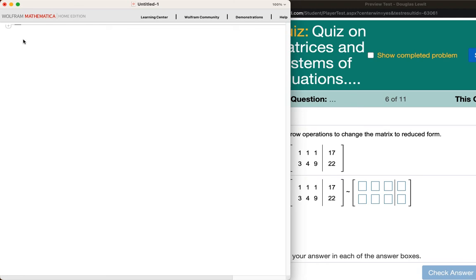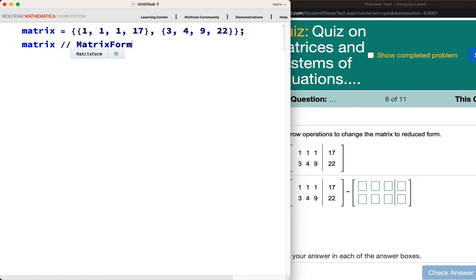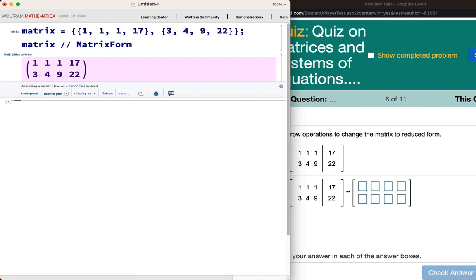So matrix is equal to 1, 1, 1, 17, and then 3, 4, 9, 22. Matrix form, shift enter. Okay, terrific.